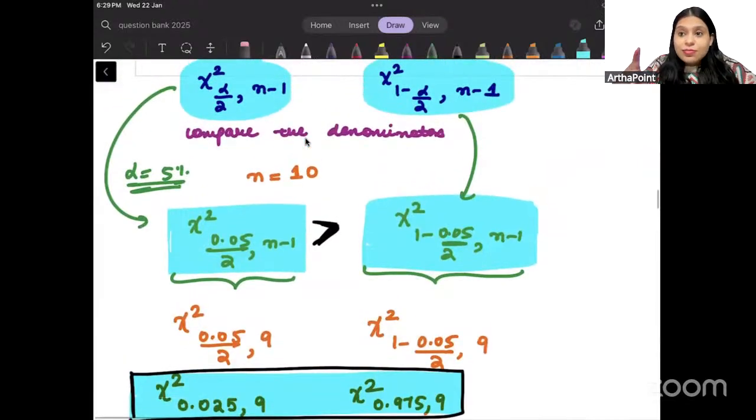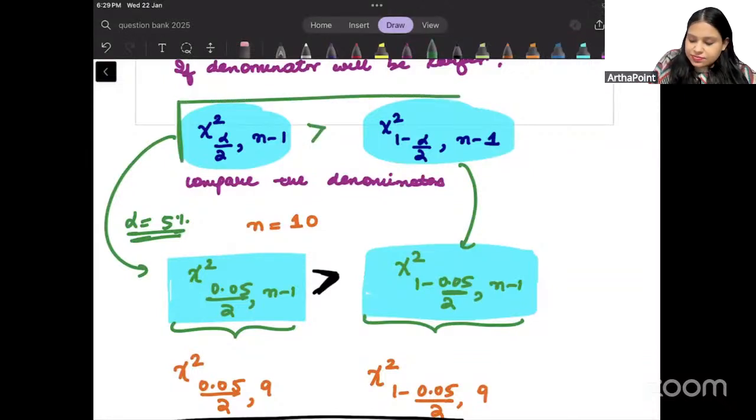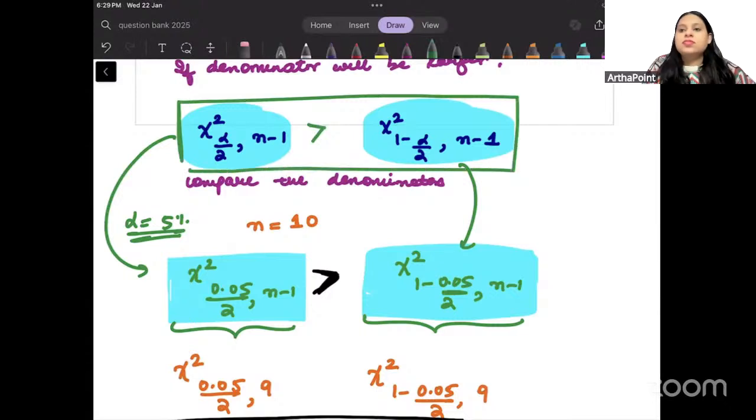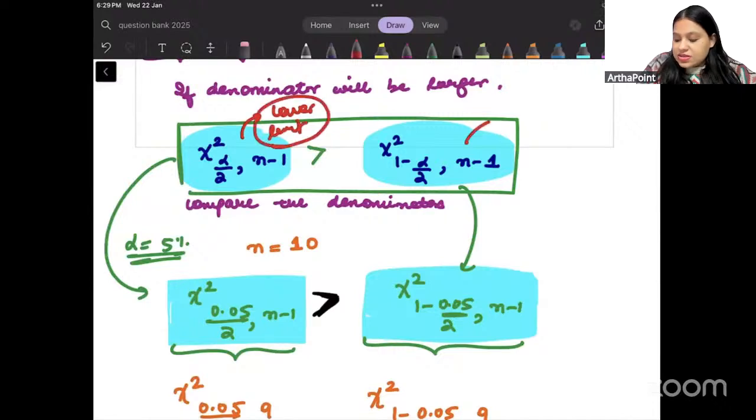This is very important, and now you can generalize it and keep it as a rule: this is greater than this. So whichever is greater, we have to bring that greater value into the denominator to make our lower limit. Which means this will be the confidence interval lower limit, and this will be the confidence interval upper limit.